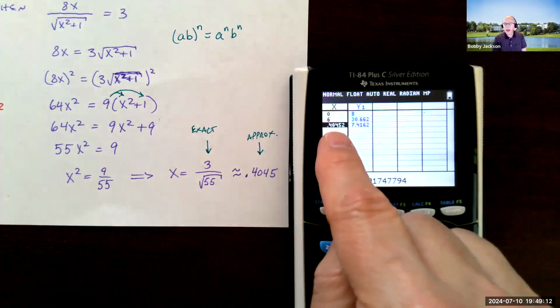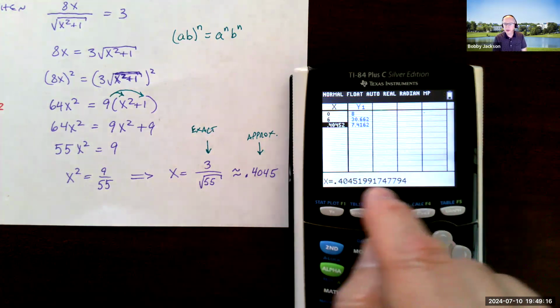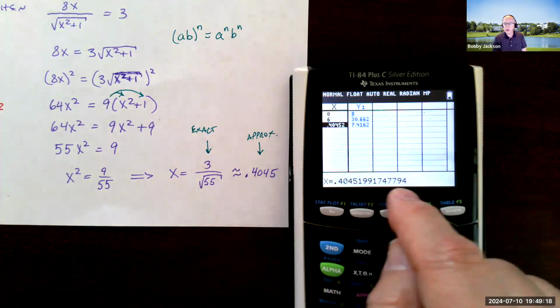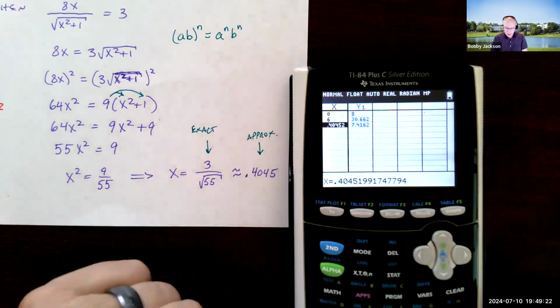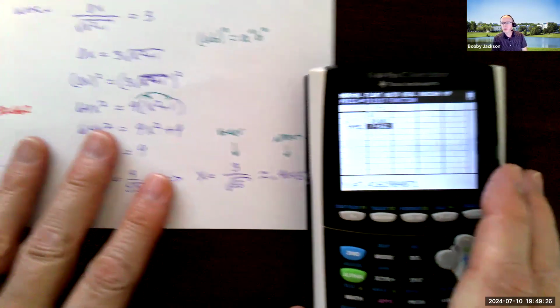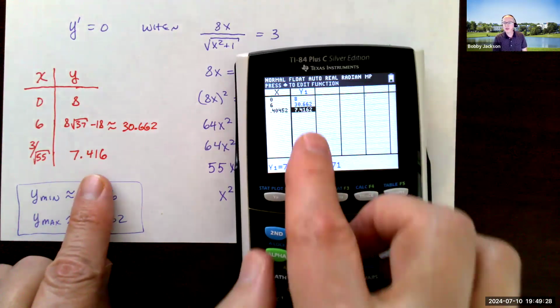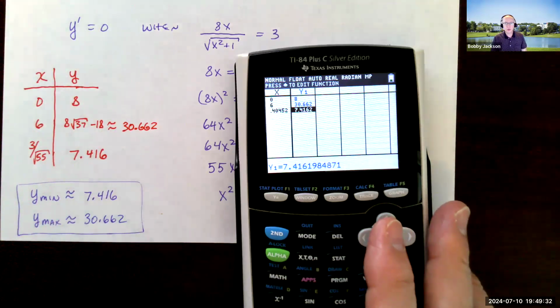Notice you can highlight it. It's truncated because of the width of the column, but it's down here actually, right? That's the unrounded, at least as far as the calculator can do, answer. But again, here's the output over here, which is 7.416. So notice here I'm rounding these to the third decimal place.